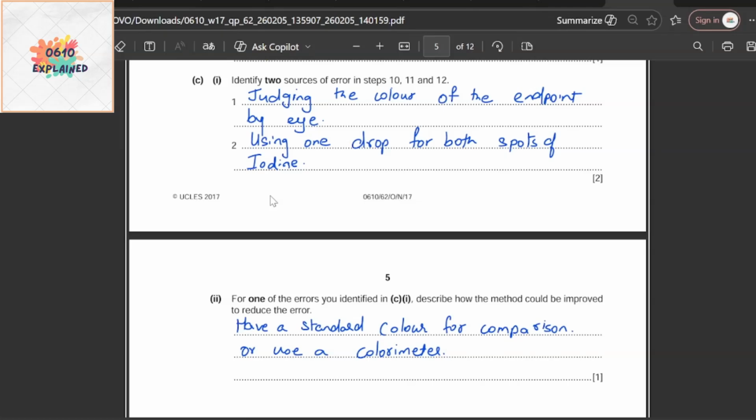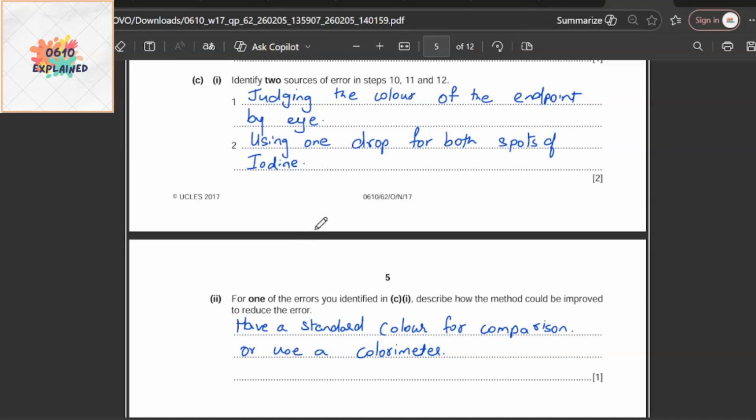Another thing was that you are using one drop of both spots of iodine. Okay, so you could use two different rods, or you could also use a pipette so that the size of the drop would not cause a change in the final result, because the drop size is variable. There could be contamination, so to avoid contamination, we could use two rods.